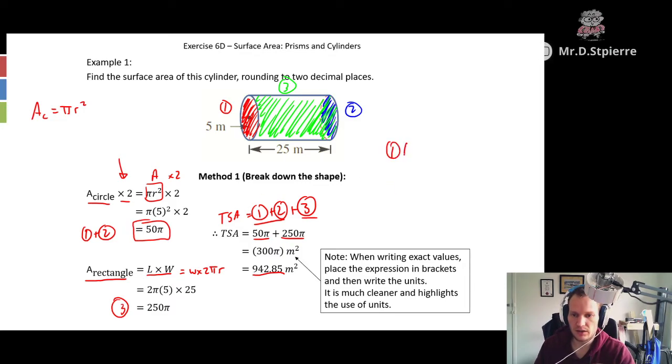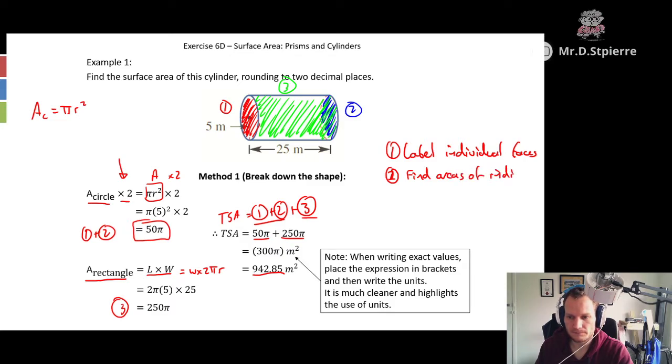So 1, label individual faces. 2 is find areas of individual faces. And then 3 is just add them together.